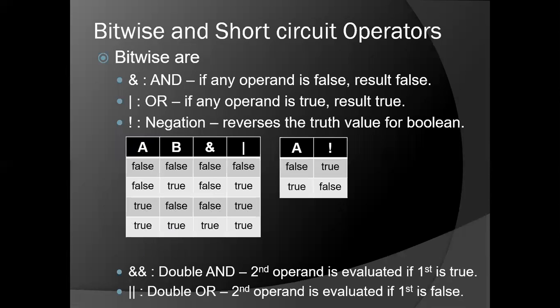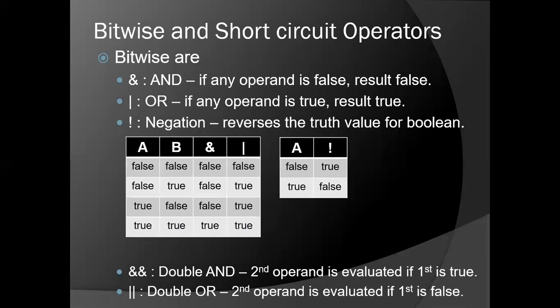Let's observe the OR here. If the first one is true, do I need to evaluate the second operand to know whether the outcome is going to be true or false? No, because the first one being true means it's going to be true.